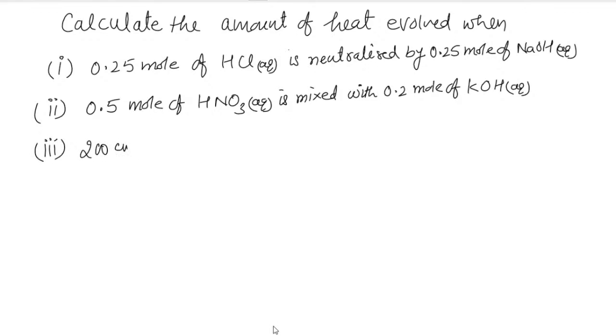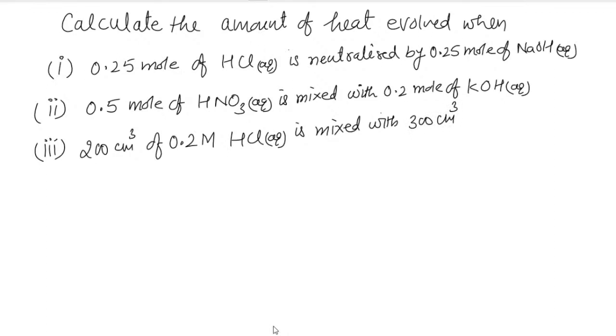200 ml or centimeter cube, you can say, 200 ml of 0.2 molar hydrochloric acid solution is mixed with 300 ml or centimeter cube of 0.1 molar sodium hydroxide solution.